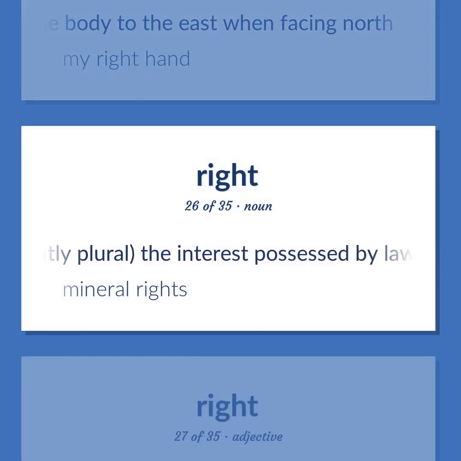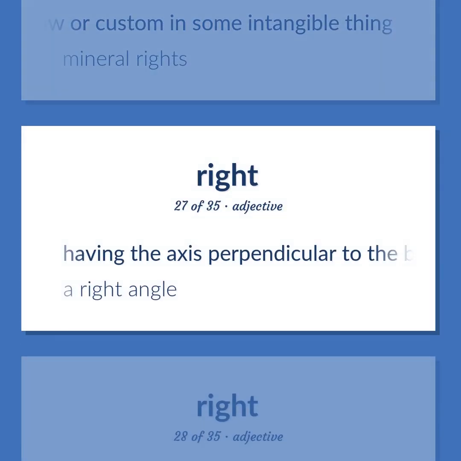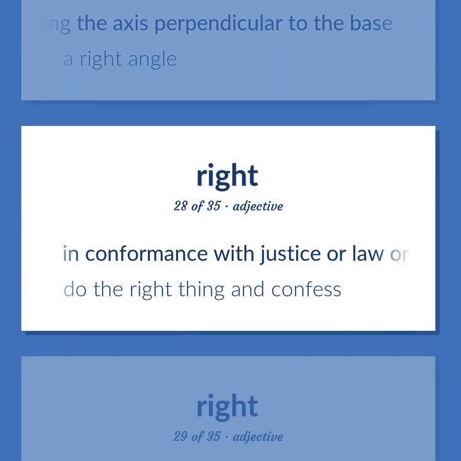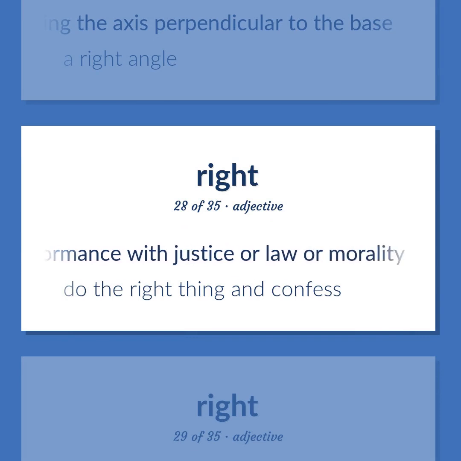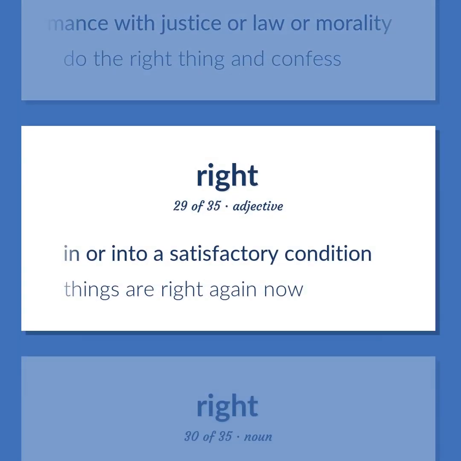Frequently plural, the interest possessed by law or custom in some intangible thing. Mineral rights. Having the axis perpendicular to the base. A right angle. In conformance with justice or law or morality. Do the right thing and confess. In or into a satisfactory condition. Things are right again now.